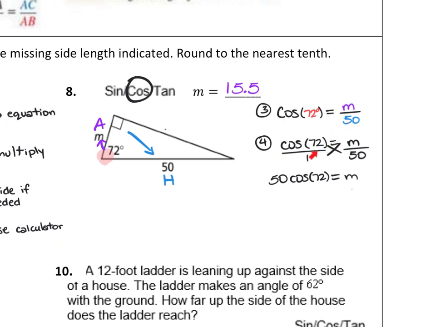Creating this as a proportion, meaning divide by 1 underneath the trig function, you cross multiply to get m equal to 50 times cosine of 72. At this point, you'd plug this into the calculator. The moment your variable x or m or whatever is isolated, that's when you turn to your calculator and type it in. 50 times the cosine of 72, and in the calculator, you'd get 15.5.